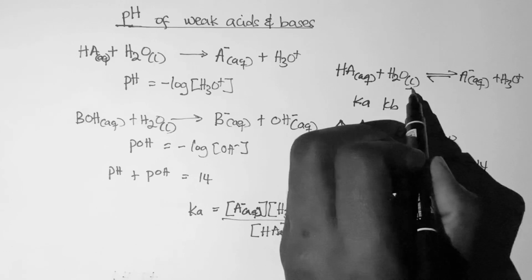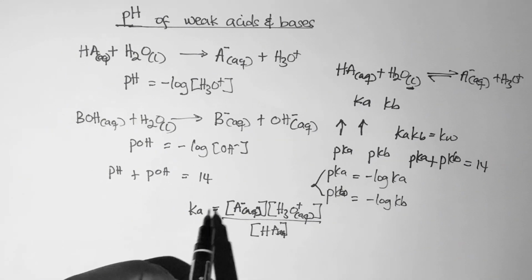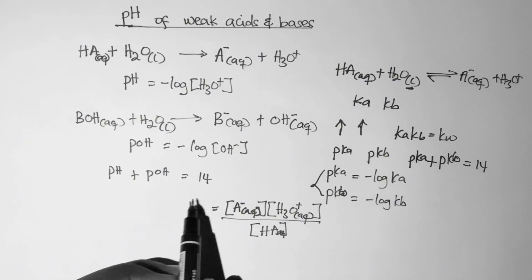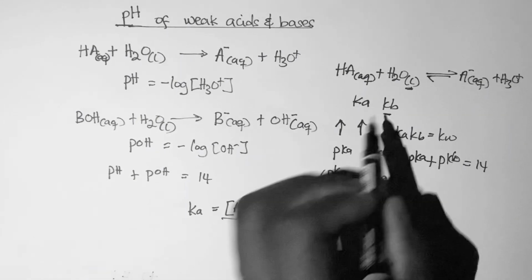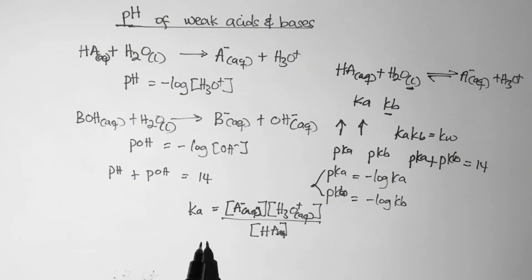Nonetheless, for liquids and solids, we don't include them in writing the Ka or Kb. And it is the same idea when we come to Kb. So having understood this, let's take some examples and explore this concept.